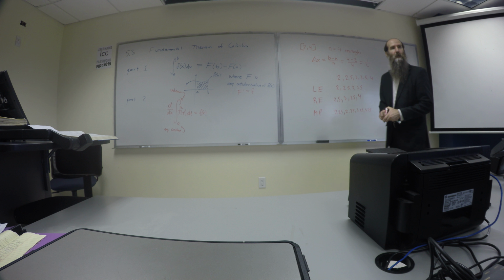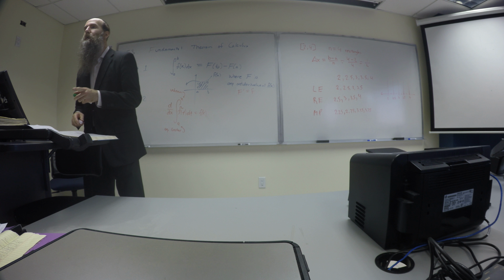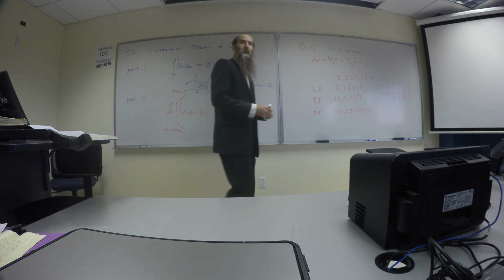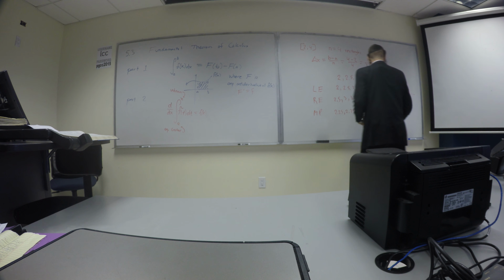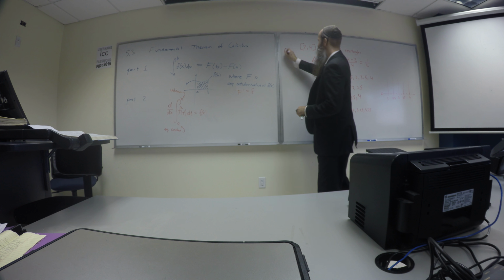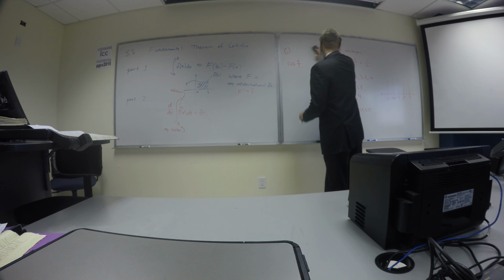Let's do the same thing for number 6. It's just the midpoints. What are the values? The equation is cosine of t divided by 2 minus pi divided by 8.